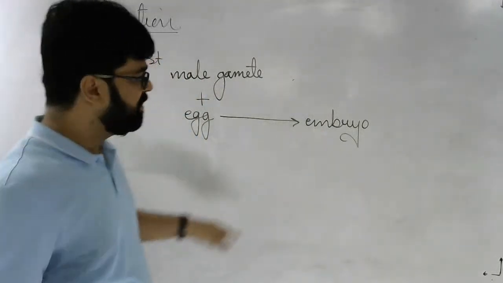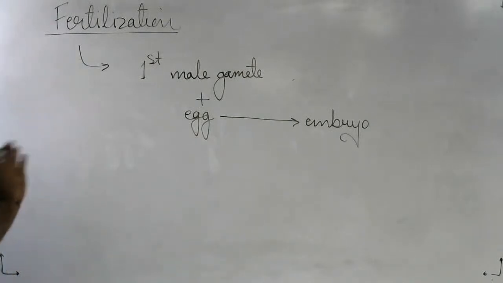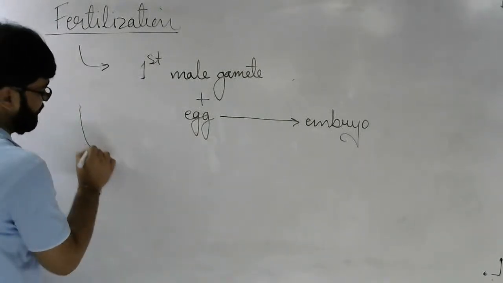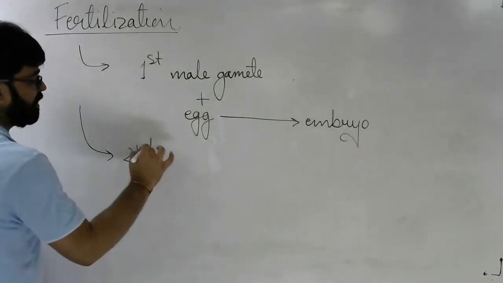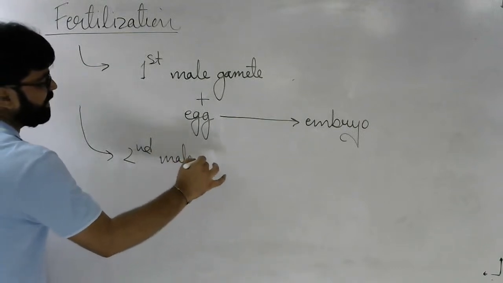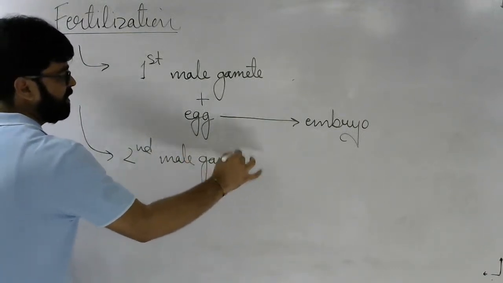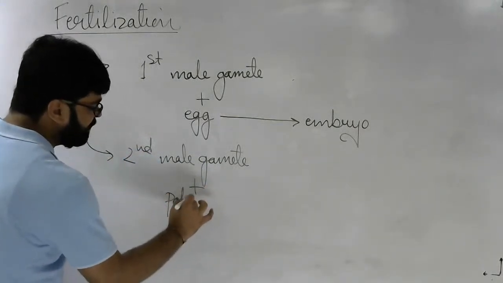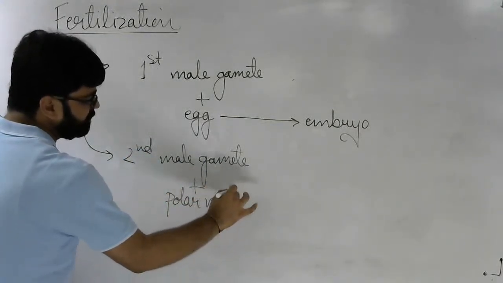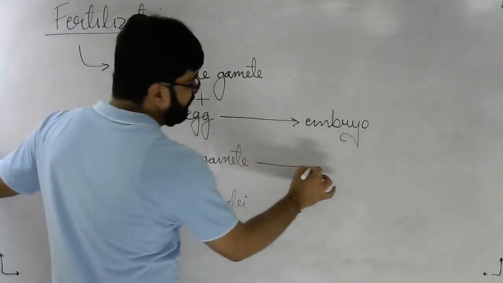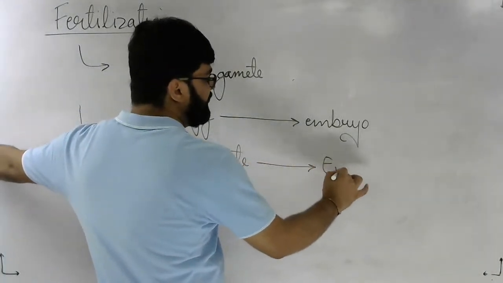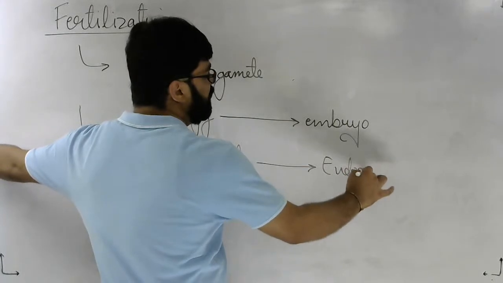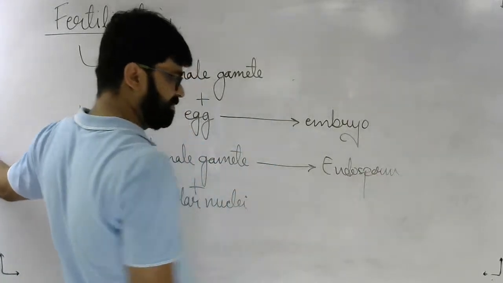That is understandable. Next is the second male gamete. It will fuse with the polar nuclei, which will form the endosperm later on.